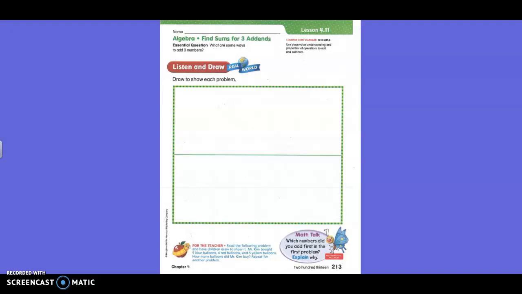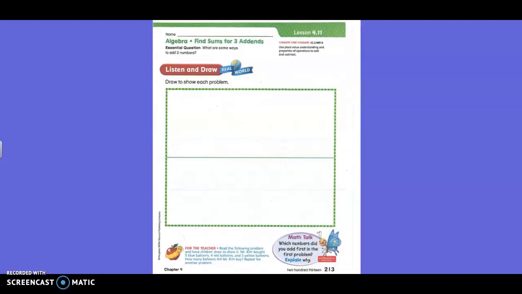So, Mr. Kim bought 5 blue balloons. So write a 5. Okay? And then if some of you need to count or draw 5, then it's fine if you draw 5. But I want the number on there too. 4 red balloons.